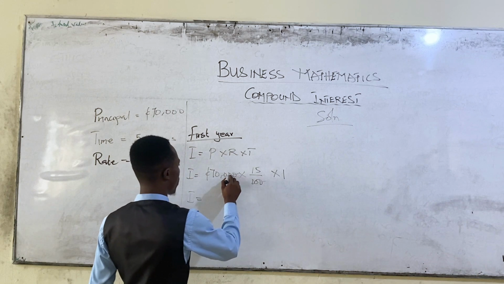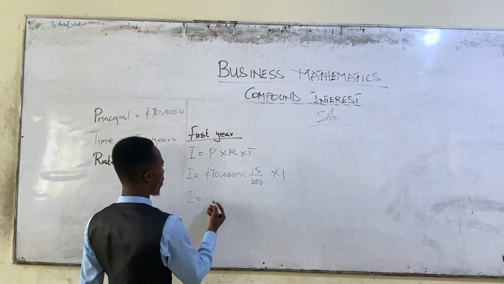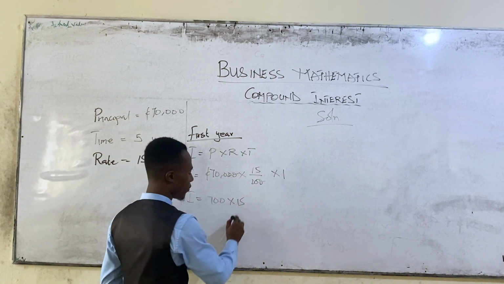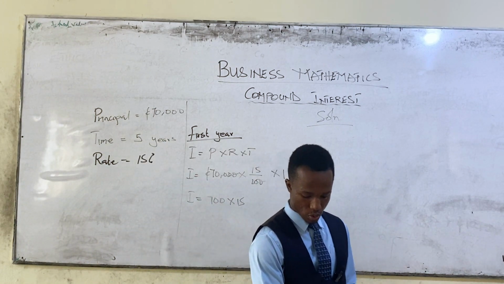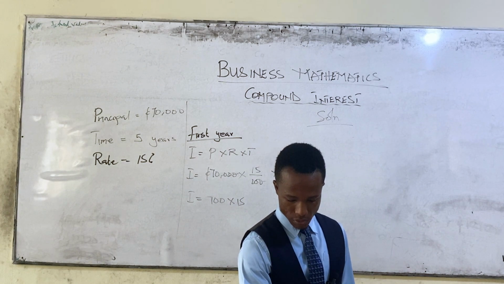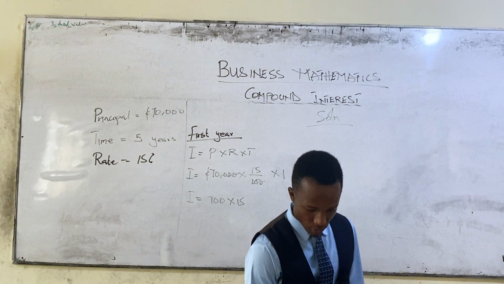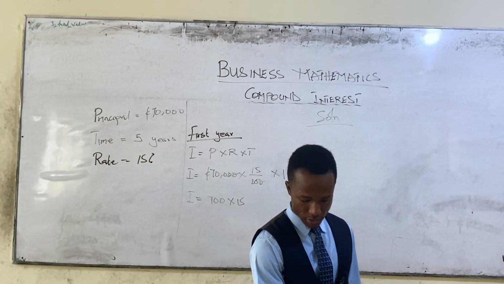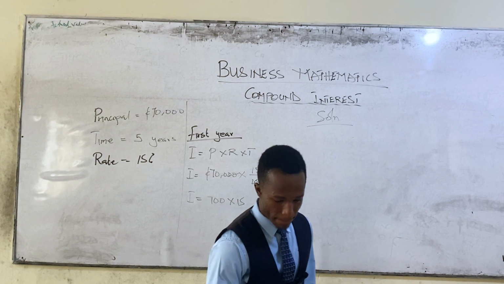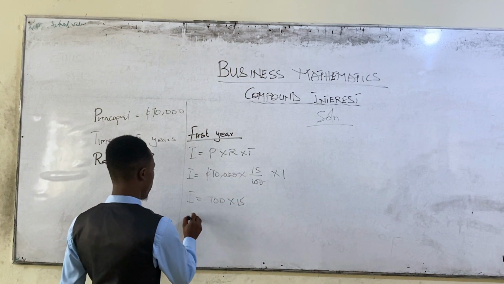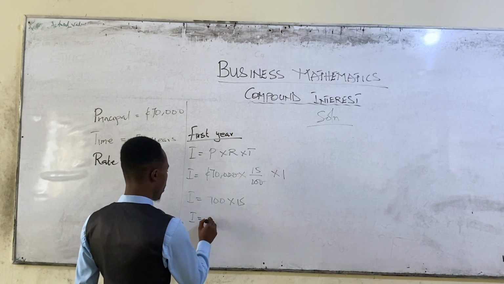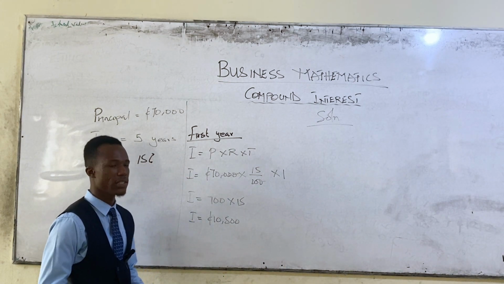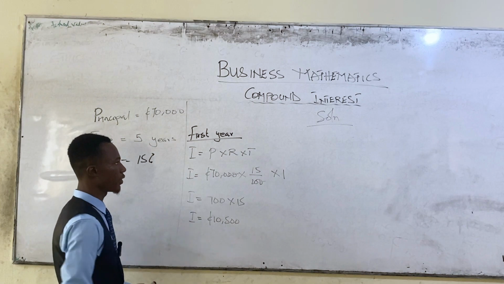These 2 zeros can cancel out these 2. So you have 700 times 15, which gives you 10,500. So our interest for the first year is 10,500 Ghana cedis.